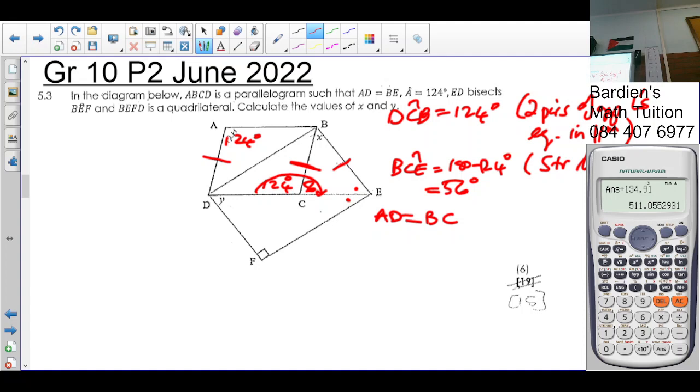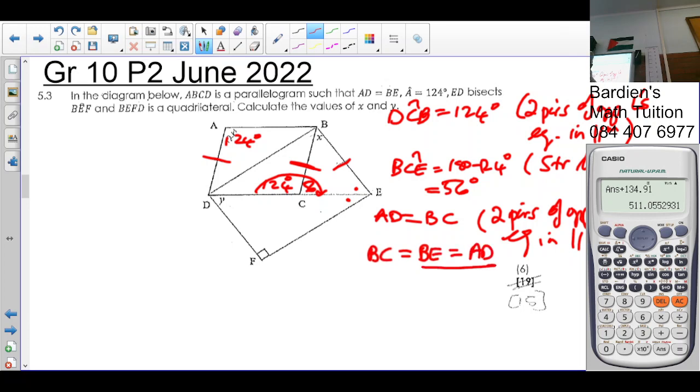Two pairs of opposite sides are equal in a parallelogram. But now we know that BC is equal to BE, which is equal to AD. AD and BE were given as equal.